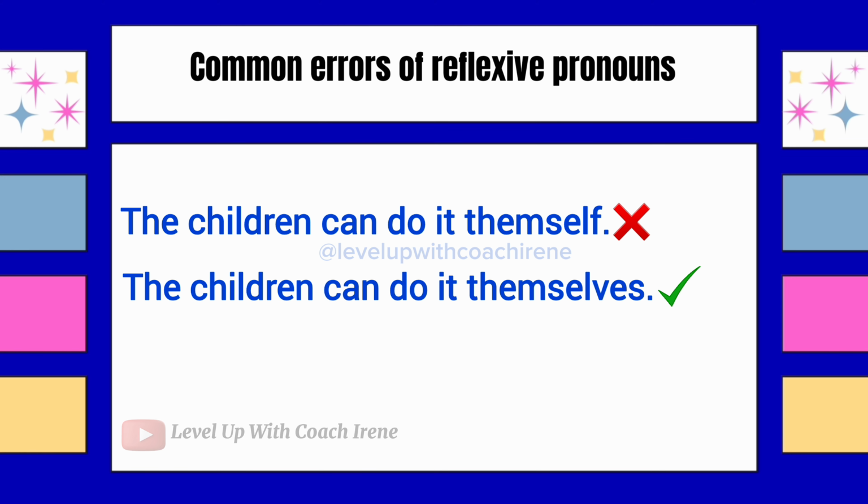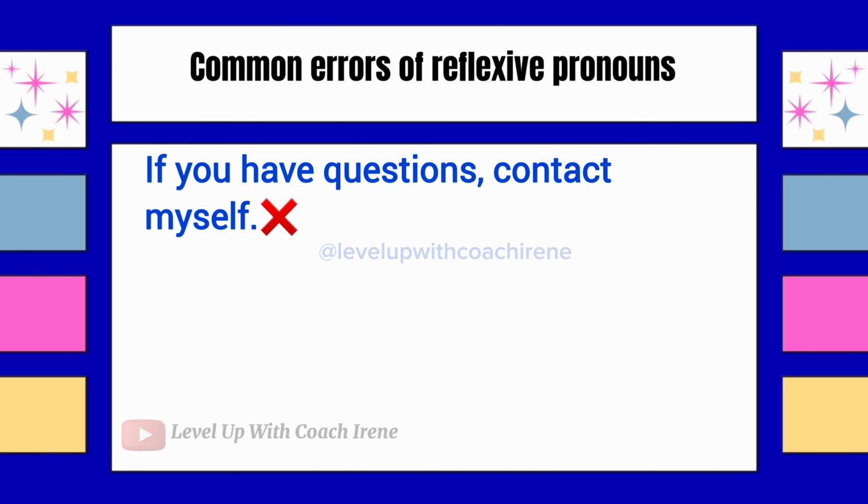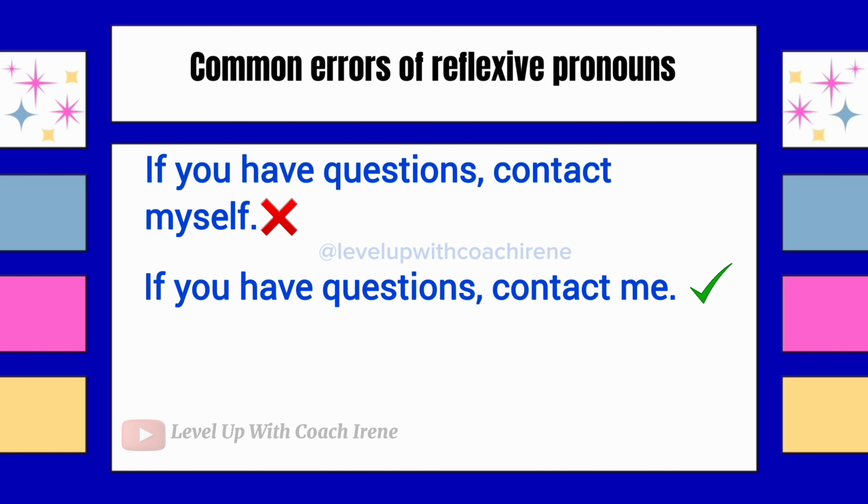Let's look at another common error. If you have questions, contact myself. Myself should only be used when it refers to I. The correct sentence would be, if you have questions, contact me.